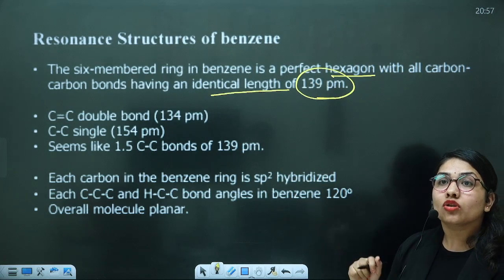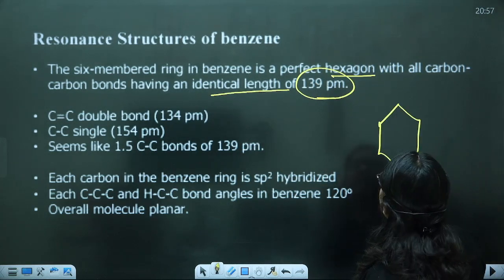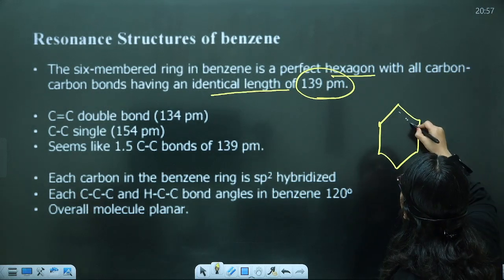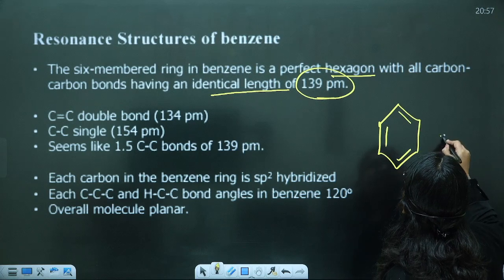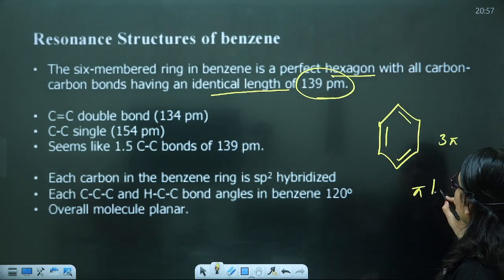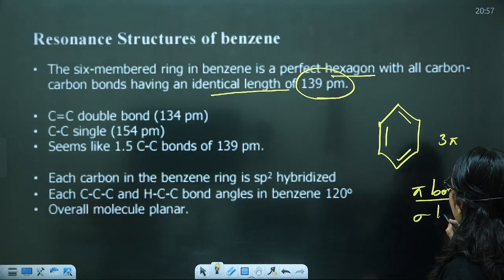This is something shocking. How? Because we were thinking it is a 6 carbon ring, it should be like this, having 3 pi bonds, so pi bonds would have a length different from sigma bonds.